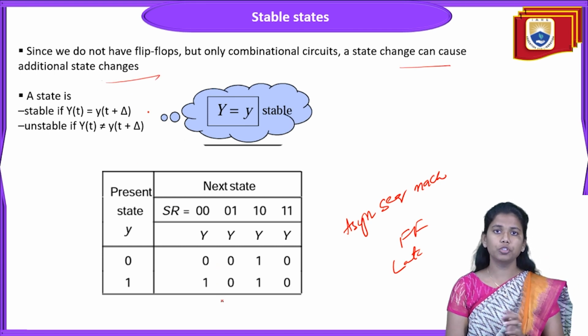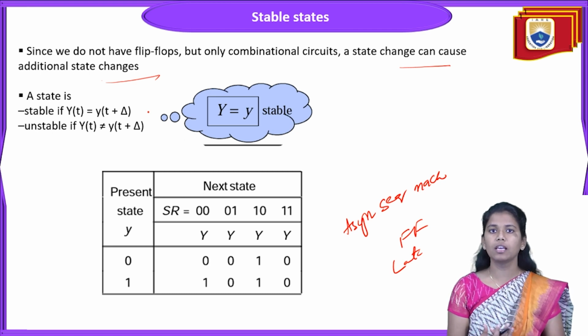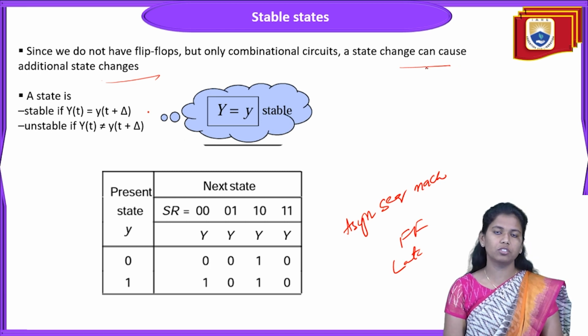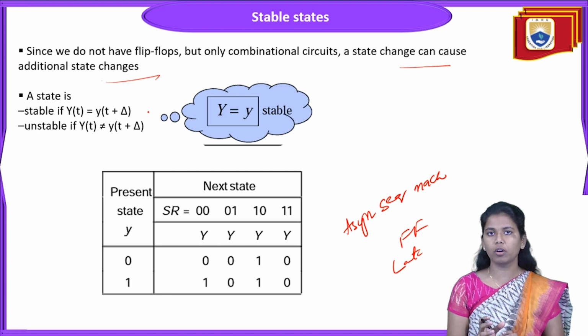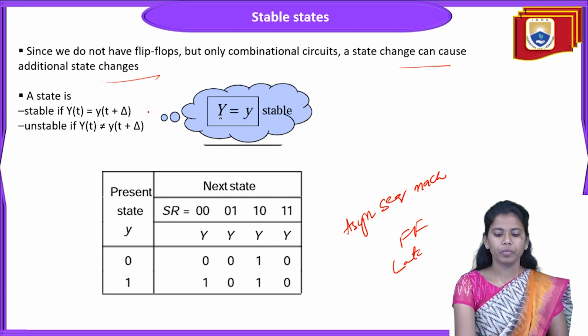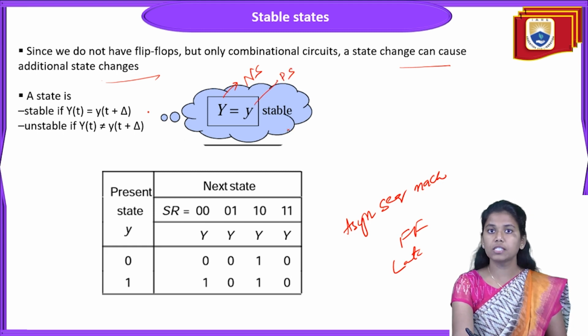As we are not using any memory elements, if you observe any changes in the state, then that causes additional state changes. If some transition has occurred among the states, then there is some cause among the different states. Here, Y is nothing but the present state, and the next state is equal to the present state, which is a stable state.